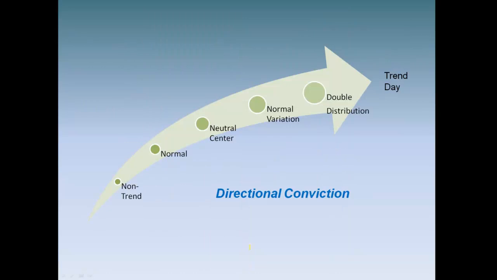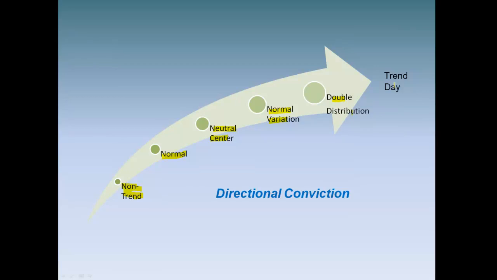Let's review together now the different types of day structures that we have discussed from a directional conviction perspective. First of all, the least directional conviction we're going to find is in what we call a non-trend day. And then comes the normal day, and then the neutral center day. Then we get a normal variation day, then the double distribution.